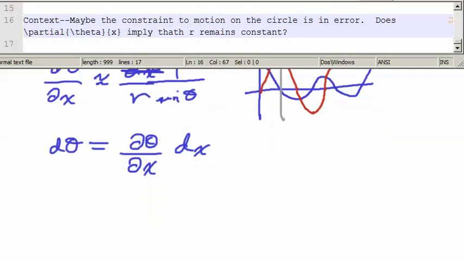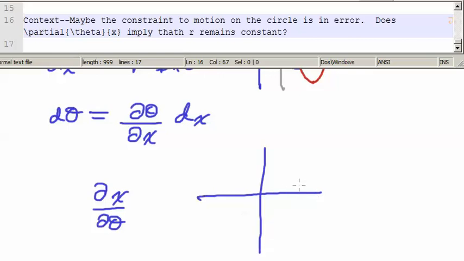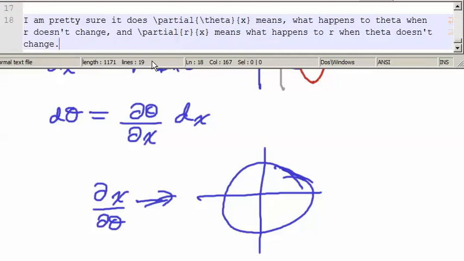Because I'm imagining del x del theta, and I'm imagining that we're changing that x and staying on that circle. Does this partial derivative imply staying on the circle and that r remains constant? On first thought, I'm pretty sure that it does.